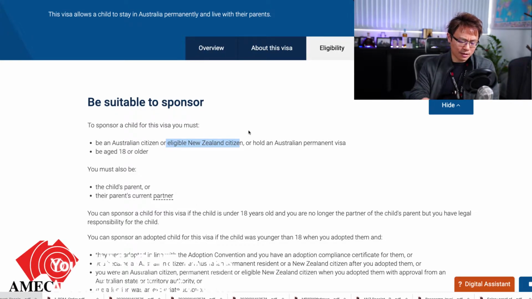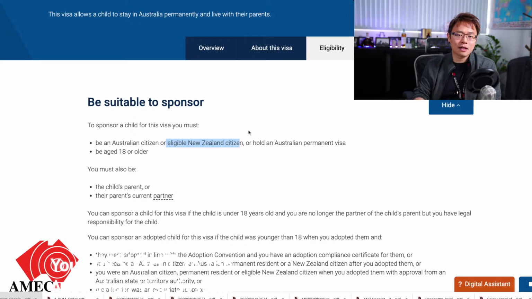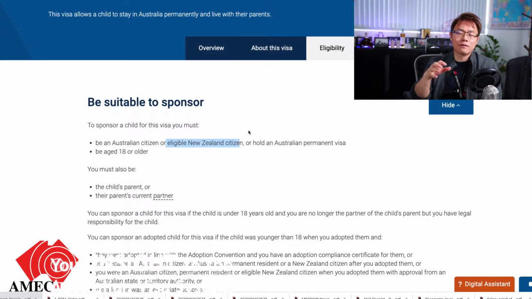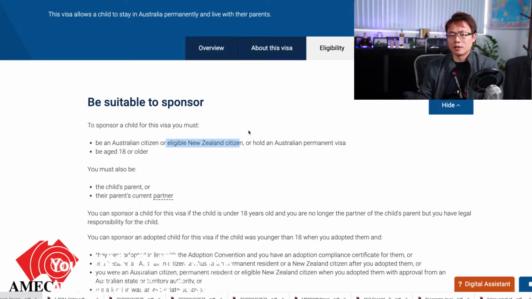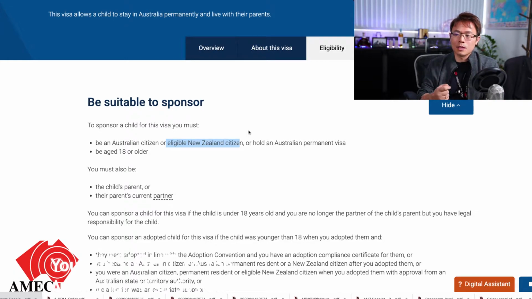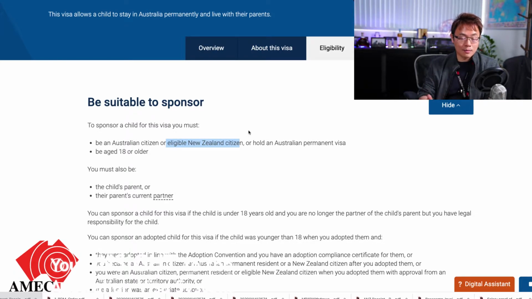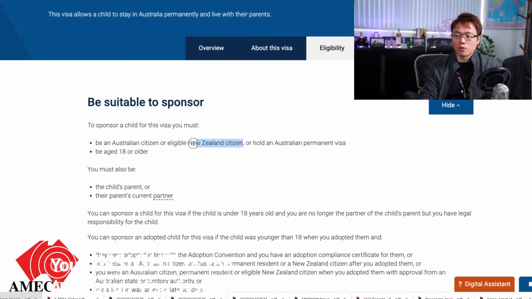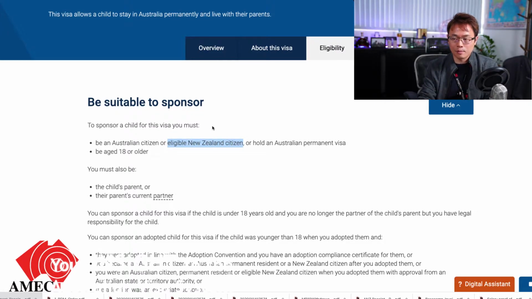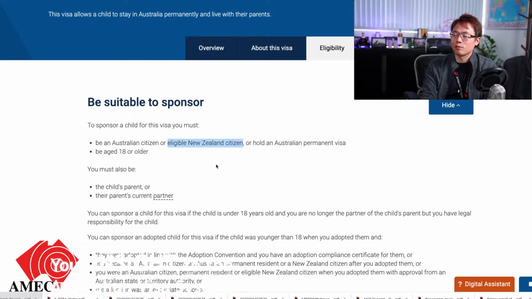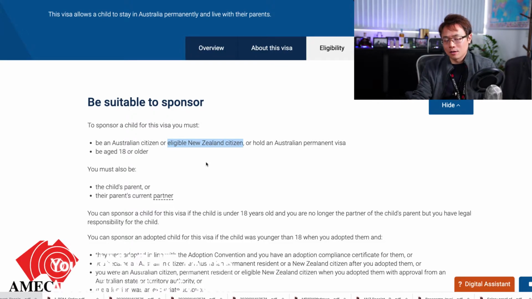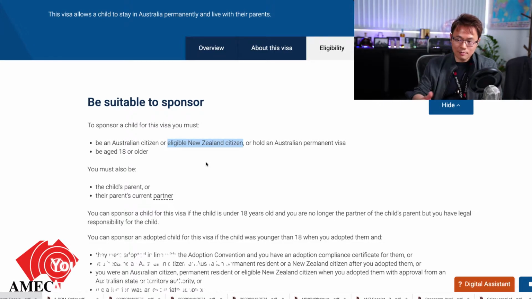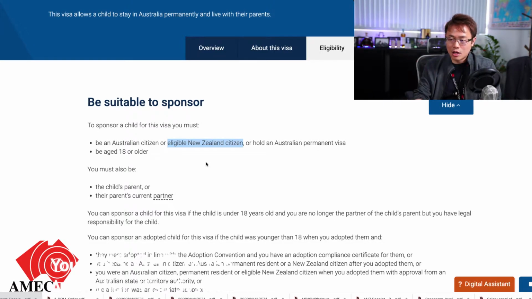I can't remember the exact date, but the month was February. If you arrived before that date, you are deemed to be an eligible New Zealand citizen, meaning you actually enjoy all the rights of an Australian citizen. You don't have to get an Australian passport or become an Australian citizen to enjoy those rights. Back then New Zealanders and Australians were deemed to be the same, but things have changed and moved on.